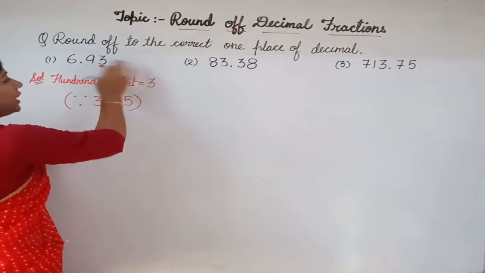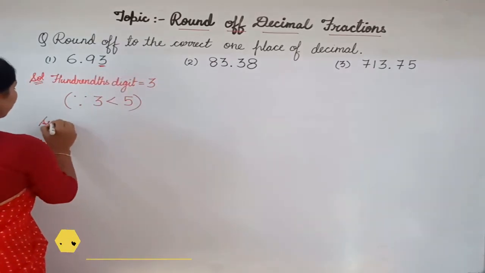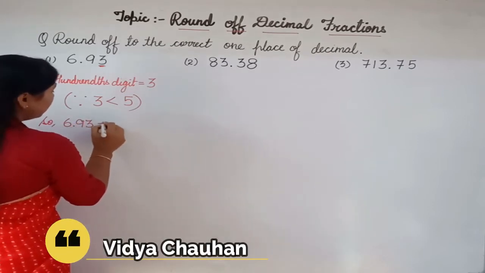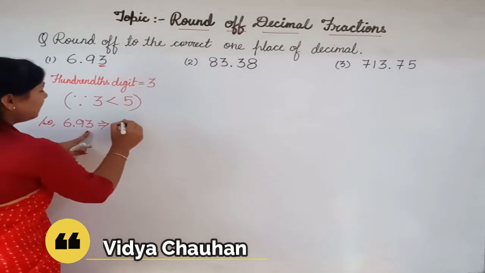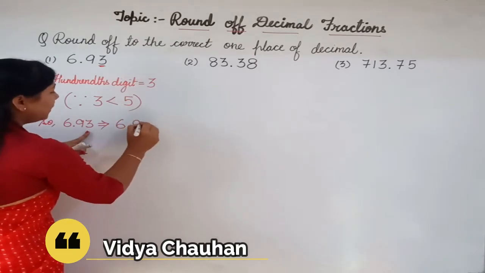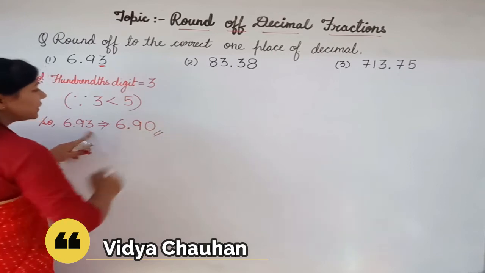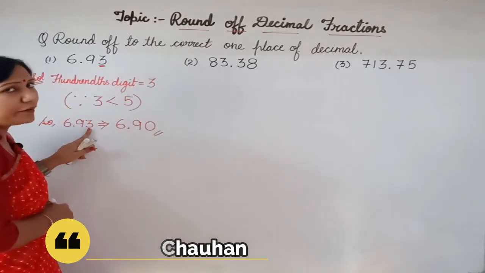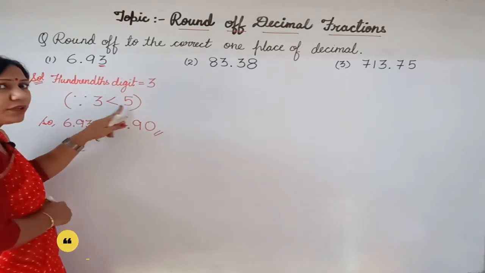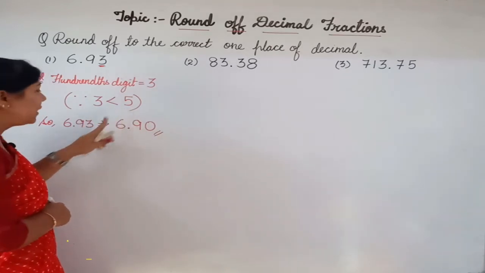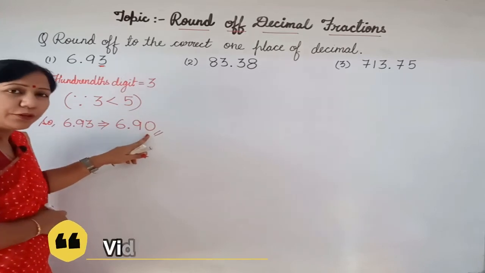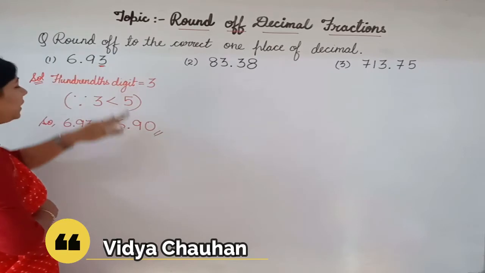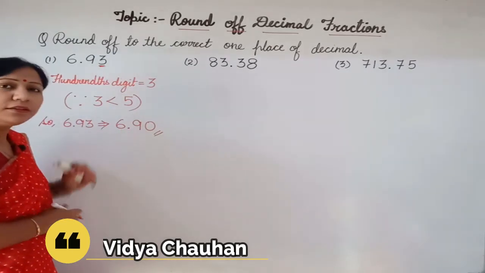Since we don't have any number after it, you can directly write that the round off of 6.93 will be 6.90, because 3 is at the 100th place and it is less than 5. Clear, students?